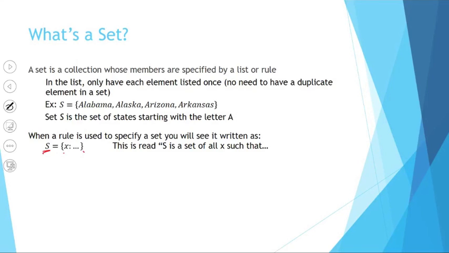Everything inside the squiggly brackets is what the set contains. If you write it as a rule, you'll write a little x, which means x represents an element. And you've got the little colon here. The way we read this is, S is a set of all x such that.